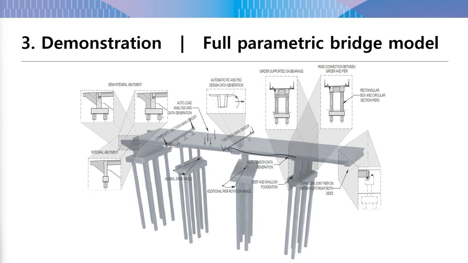So with this, we wrap up an overview of this full parametric bridge model and its features, and in the next presentation we will go through a sneak peek of implementation of this parametric script in practice.